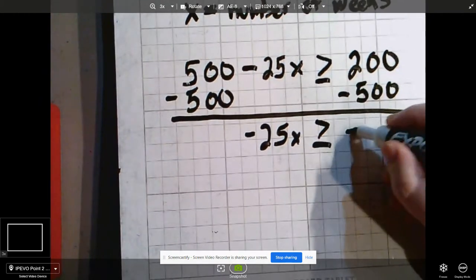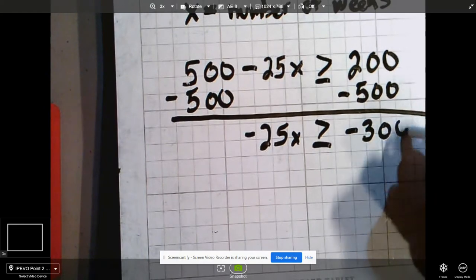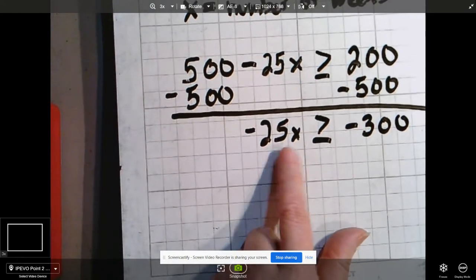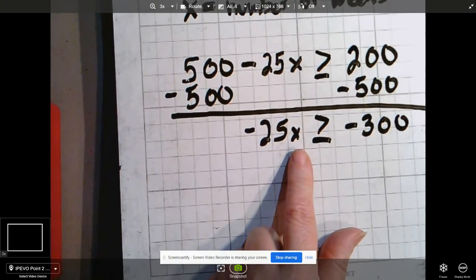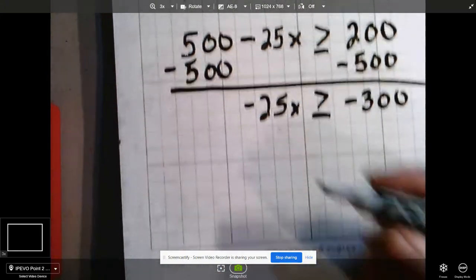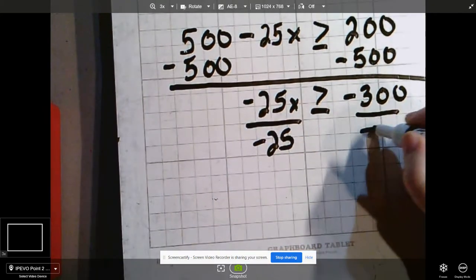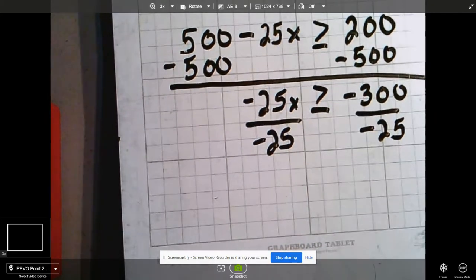200 minus 500 will give me a minus 300. Well, now I'm multiplying between the negative 25 and the x, so I'm going to have to undo multiplication by dividing. I'm dividing by a negative, so I have to remember I'm going to have to flip my inequality sign.